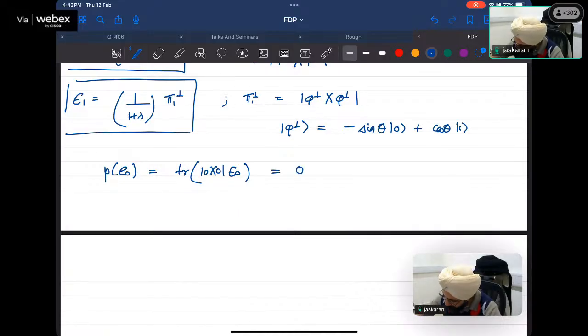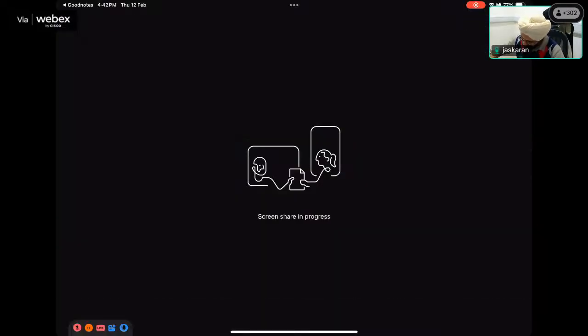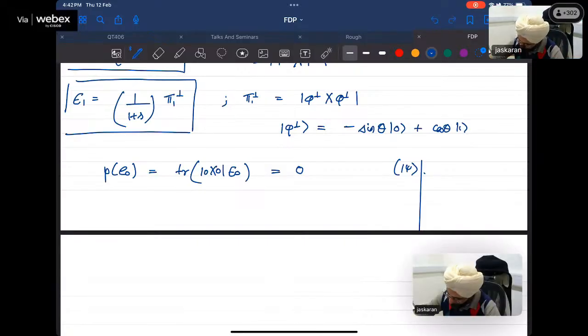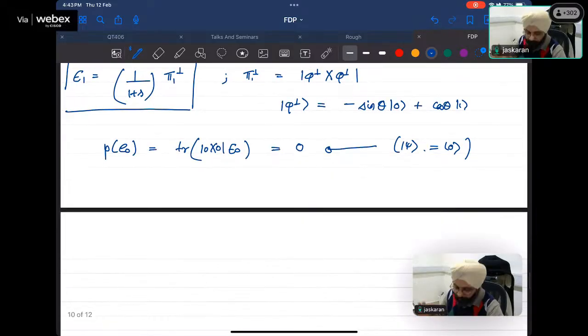This is in the case when the state that I was given was ket psi. When I am given the state ket psi, this is the probability that I can get for the first outcome. So I will never get the first outcome in my experiment.